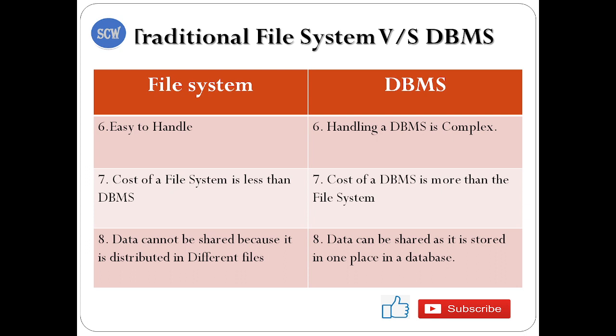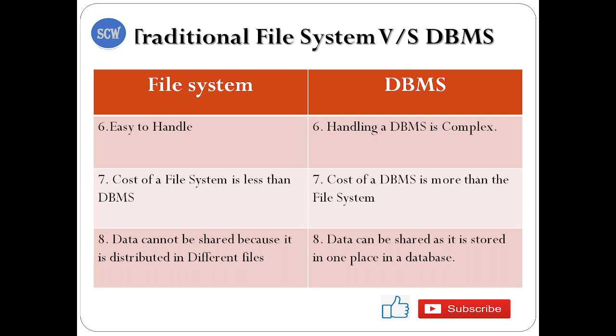So the file system cost is very low compared to DBMS, and this is the advantage of the file system. But the cost of the DBMS is more than the file system. Once we buy this DBMS software, we can use it for a number of years. So the cost of the DBMS is very high. Let us see the last one.